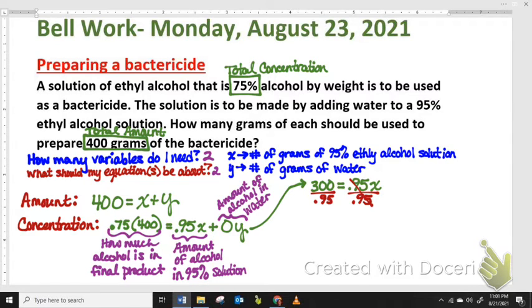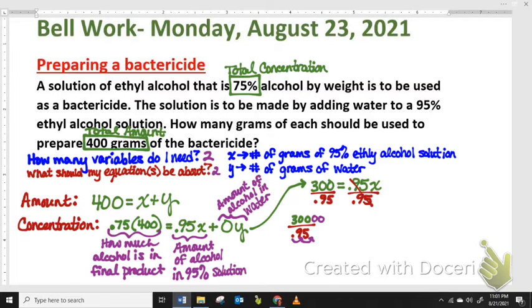So how can I actually divide that without using a calculator? We're going to reach back in our memories. If I want to move this decimal point over 2 places so that I don't have a decimal, add 2 zeros up to the top. Now I'm working with just whole numbers.